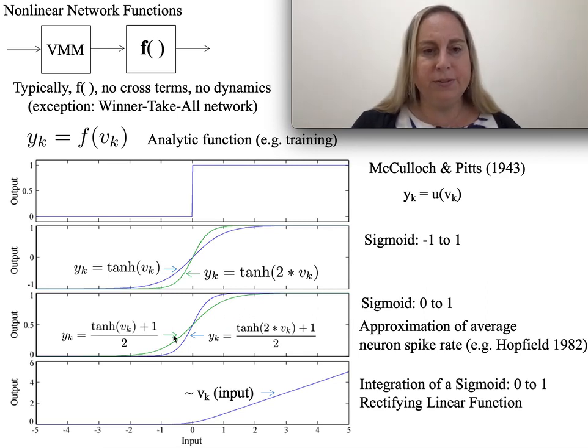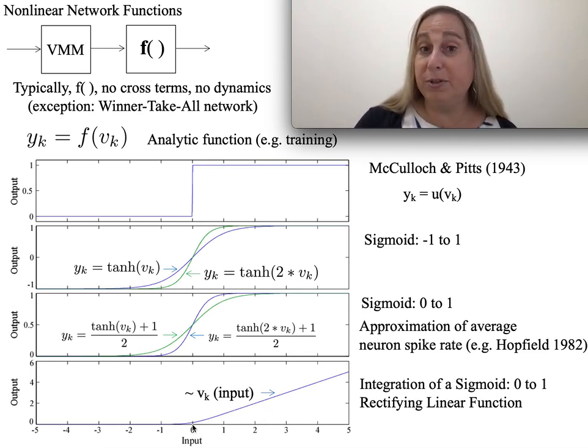One of the other functions you'll find is what you get if you take this blue curve and integrate it with the input variable. It's again an analytic function, but it looks basically like a rectifying function. It looks like it's pretty much 0, then it becomes almost proportional to the input, and there's a continuous term in between.